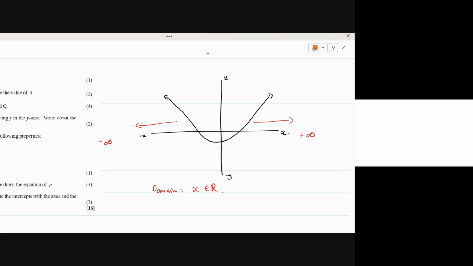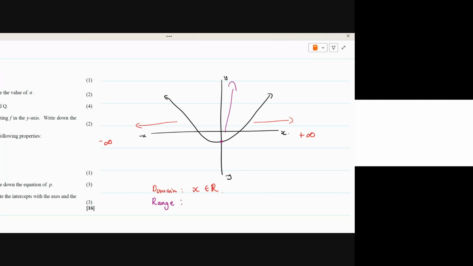However, have a look at your y values. Let's look at the range. Because it's a smiley face parabola, I know that my graph will continue going up in that direction forever. Will it continue going down forever? No, it won't, because at some point it turns because of the turning point, and then it goes back up.